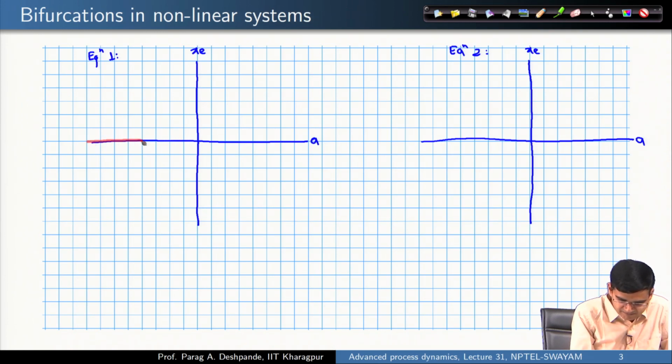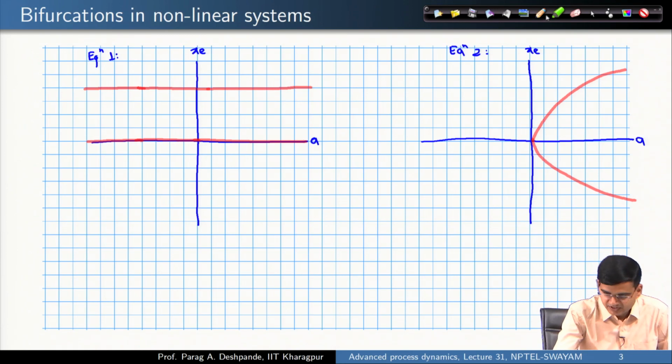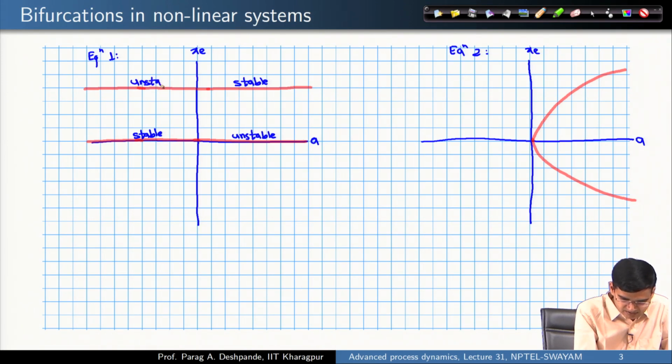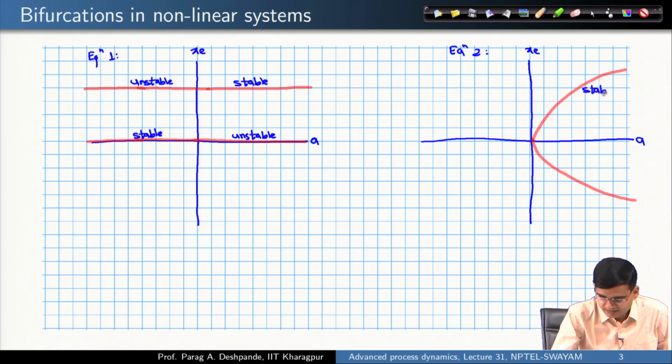In the previous case, you had these curves, and now you had these curves, right. We can quickly write stability and lack thereof. Here you have unstable, you have stable, you have stable, you have unstable, 4 parts, and here stable and unstable.